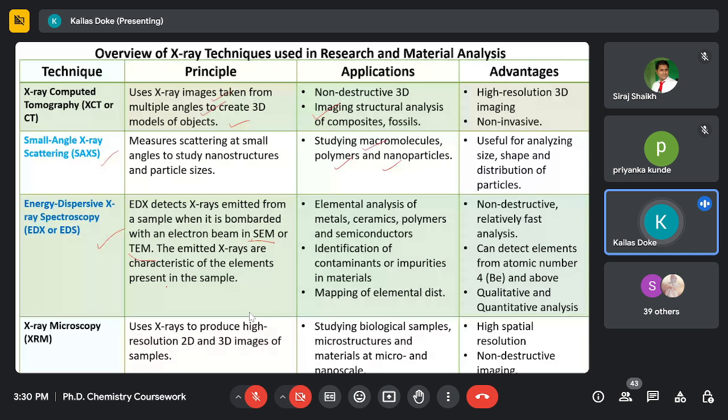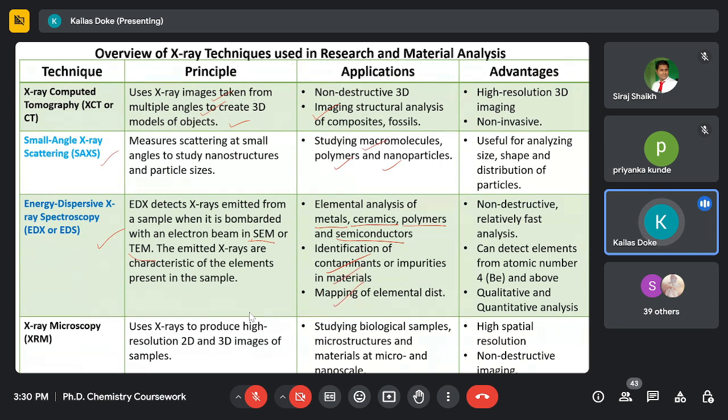When we couple these, we get a new method called EDX. We can do elemental analysis of metals, ceramics, polymers, and semiconductors. We can identify contaminants present as impurities in the materials, and elemental mapping can be done.